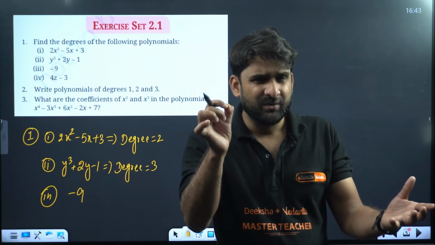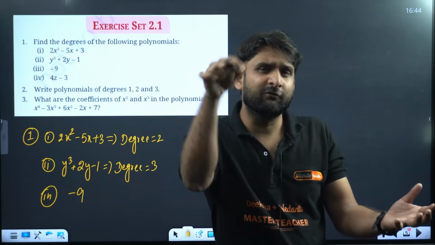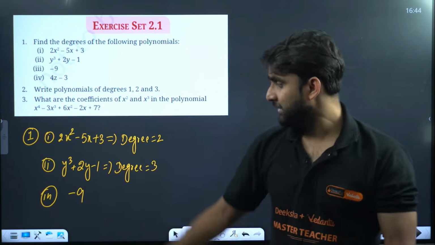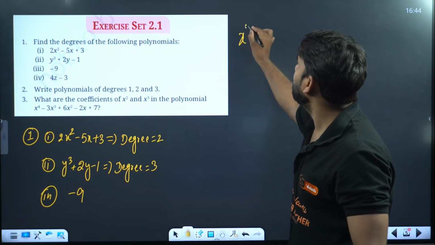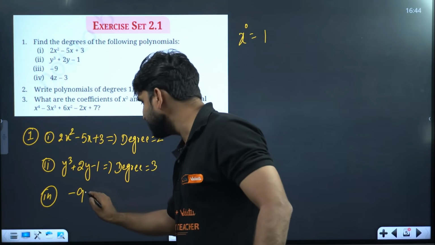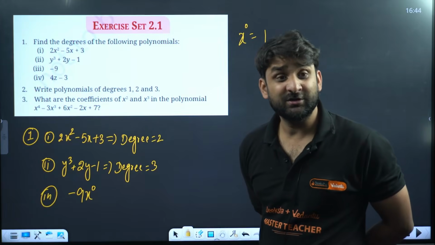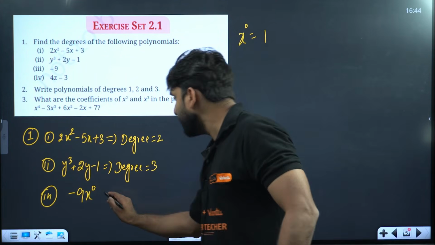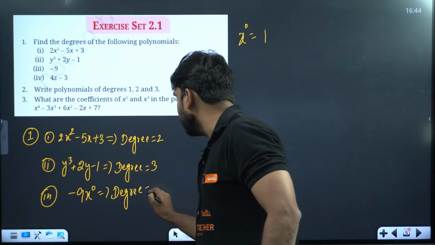Just imagine, if the power of the variable would become zero, then only there will be no existence of the variable, because we know that anything to the power 0 is equal to 1. So just imagine there is a variable having power 0. X to the power 0 is 1, and minus 9 into 1 will be minus 9 itself, right? So here in this question, the degree is 0, champion. Degree will be 0. Why?